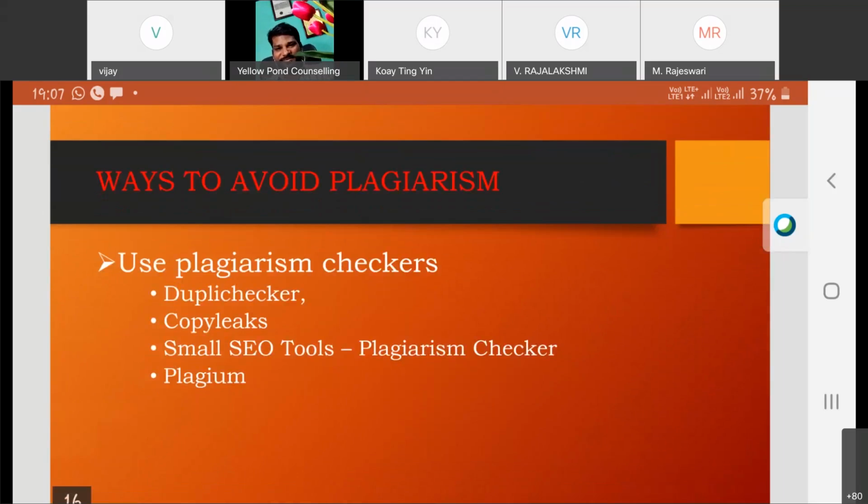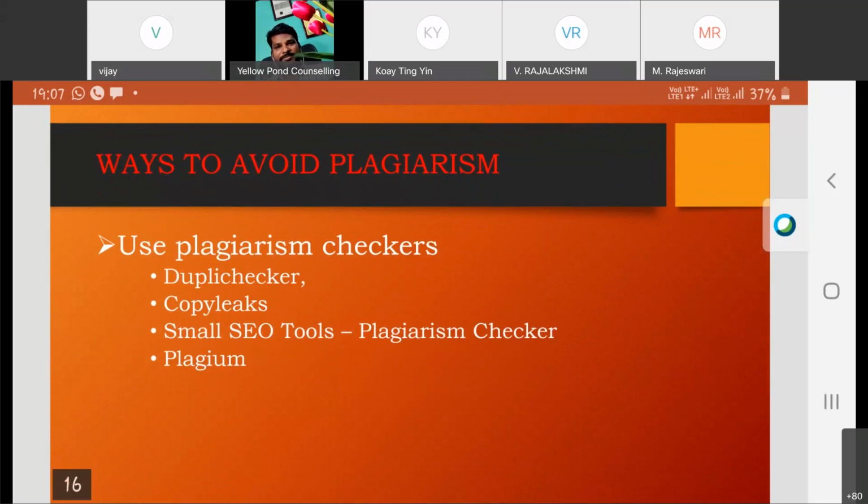Then what about the plagiarism checkers? Free software available on the web includes Duplichecker, Copyleaks, Small SEO Tools plagiarism checker, and Plagium. Whenever you use free software, I probably suggest SEO Tools.